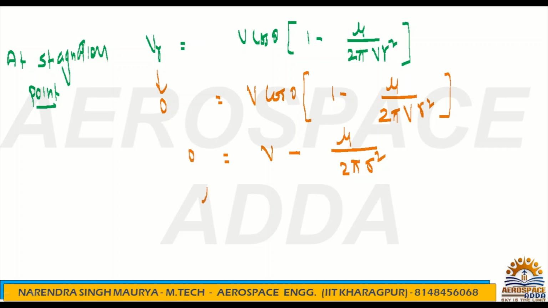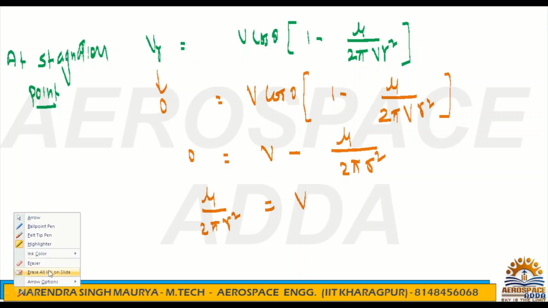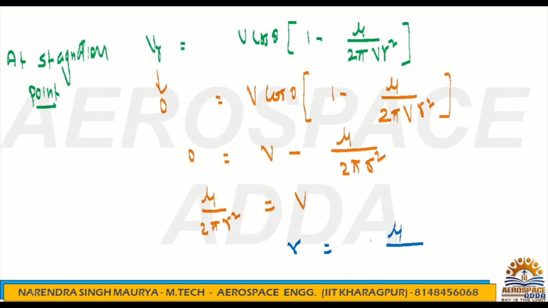What you will get is mu upon 2 pi r square is equal to v. Then what will be r? The value of r is nothing but the root of mu upon 2 pi v, because v will come in the denominator and r square was taken, so it will be in root.